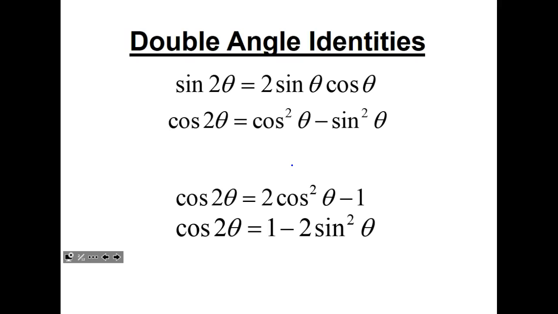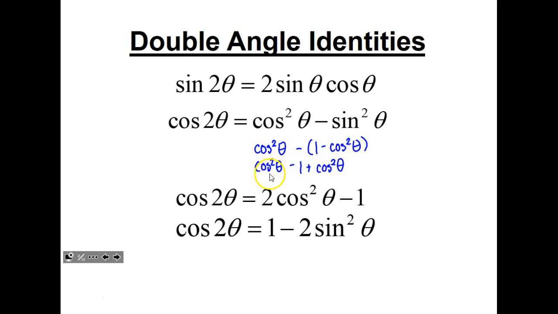I don't make you memorize it because if I wanted to change this to all cosines, I could change this to cosine squared theta minus 1 minus cosine squared theta, which would give me cosine squared theta minus 1 plus cosine squared theta.